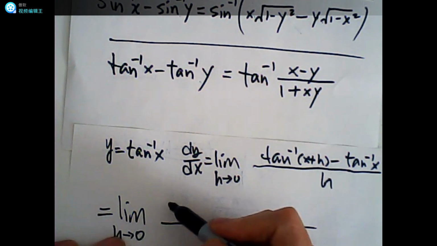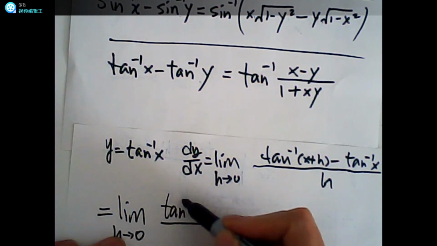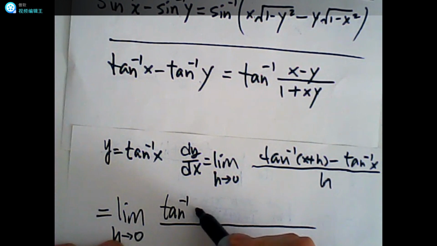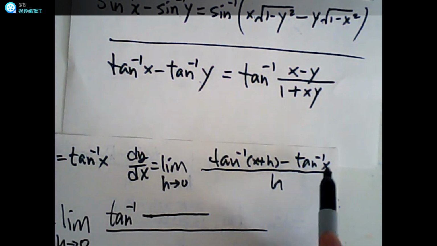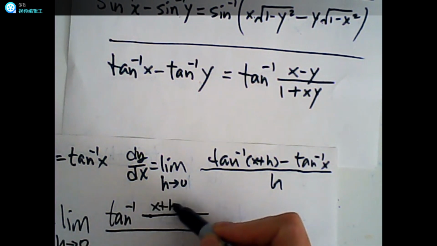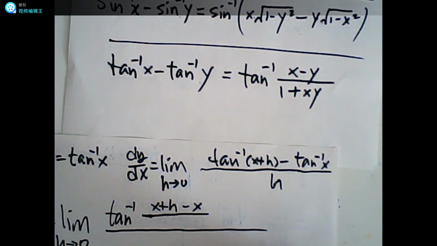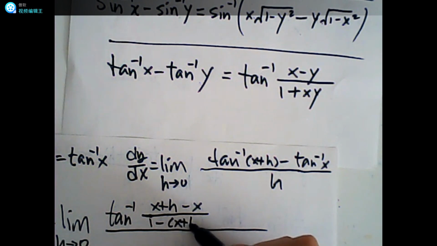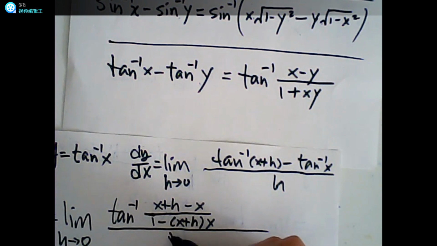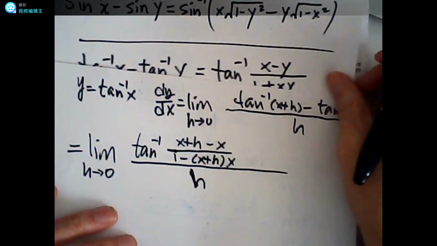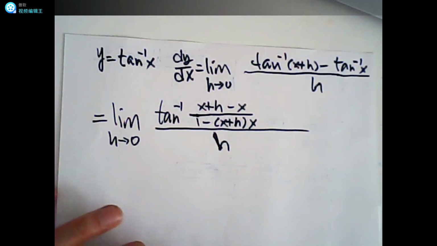So then we have an arctangent, and this minus this one is x plus h minus x, and 1 minus x plus h times x, over h, not x. Okay, so far so good.